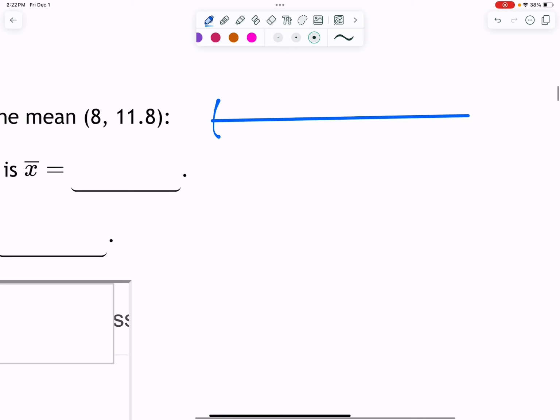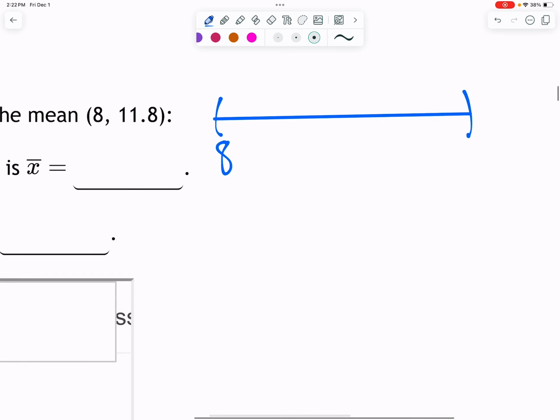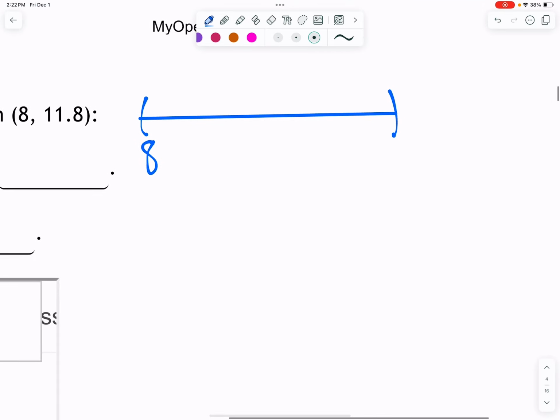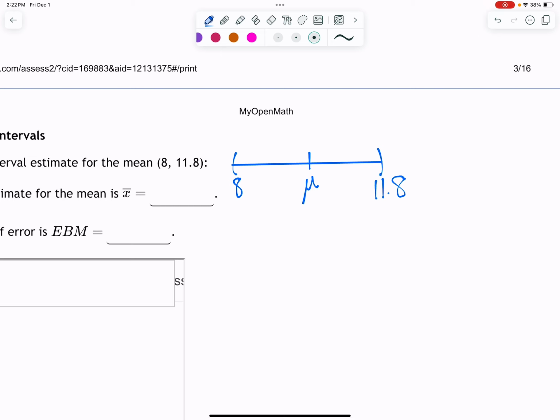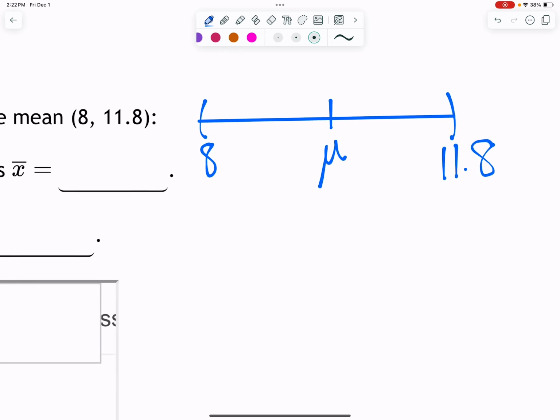So we have a lower bound or a lower limit of 8 and an upper limit of 11.8. And our mean that we're looking for is going to be somewhere in the middle. Well, we need to find the exact middle.